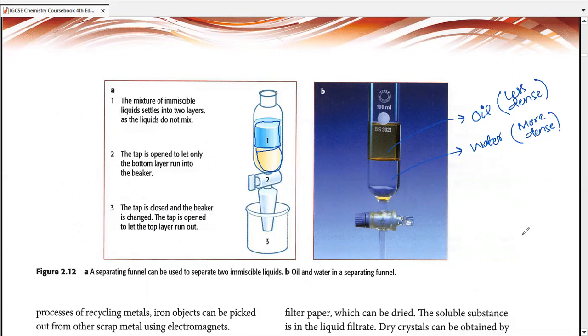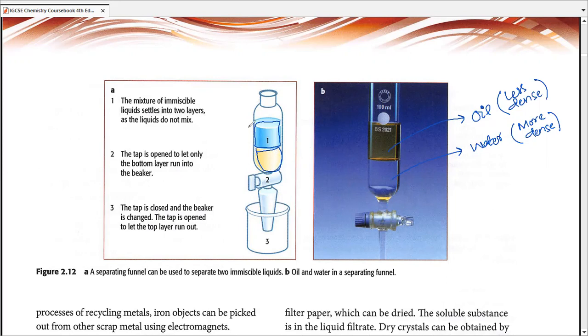Now, talking about the process and how we're going to proceed, let's study the points in diagram part A. Now, the mixture of immiscible liquids settles into two layers as the liquids do not mix. Even if sometimes the layers come into one another and join one another, let it stand for some time. If you let it stand for 15 to 20 minutes, and if you don't touch it, if you don't stir it, if you don't shake it, it would again form two separate layers as shown in the diagram.